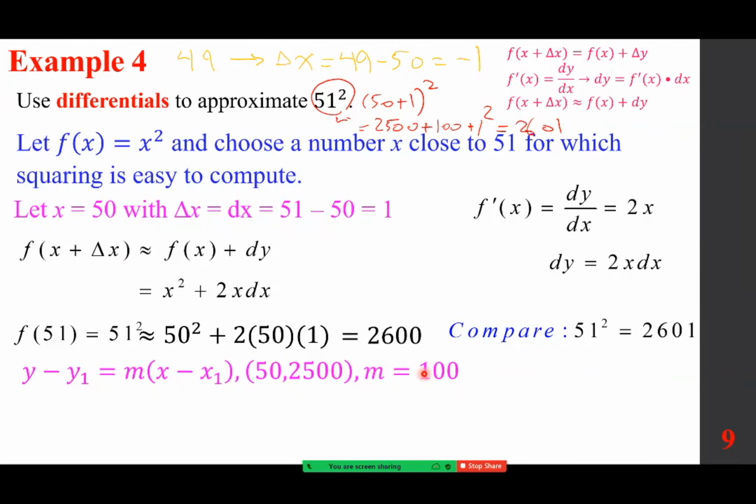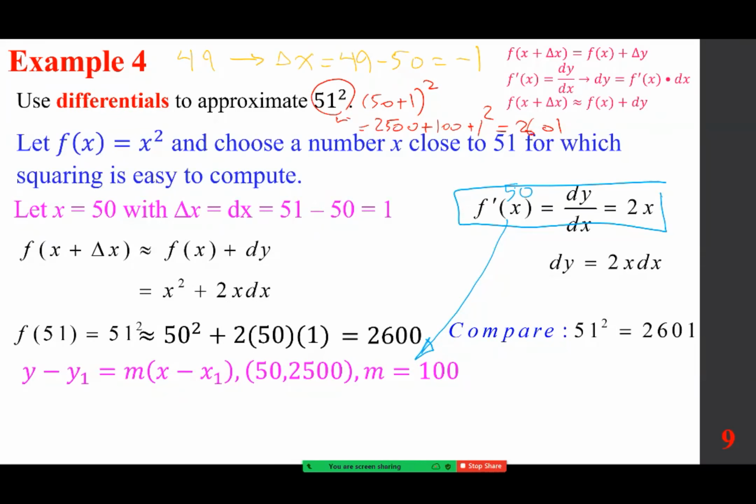Why is the slope 100? We've already calculated f prime of x, everybody. If you replace the x with 50, you do get the slope of 100. So everything has been basically calculated.